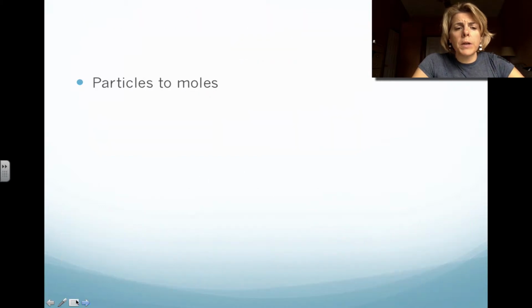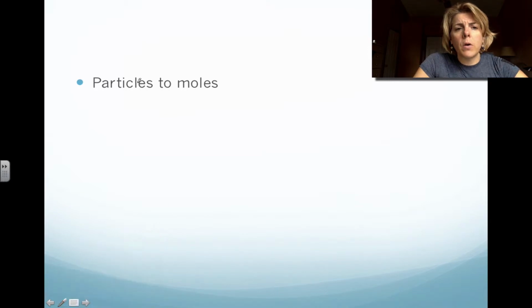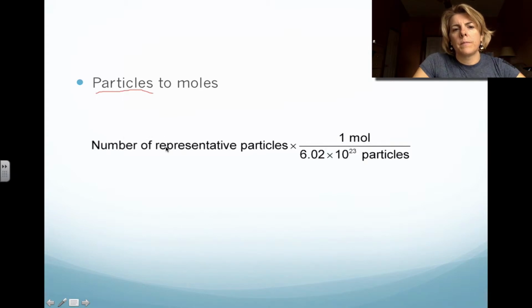Now, what if we were given the number of particles and we want to know how many moles that was? So say like we got, I don't know, 1 billion oxygen atoms and we want to know, well, how many moles is that? Once again, you want to use the number that they give you. So how many individual atoms do you have?